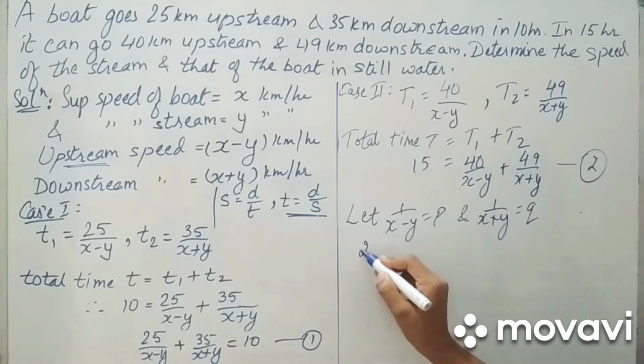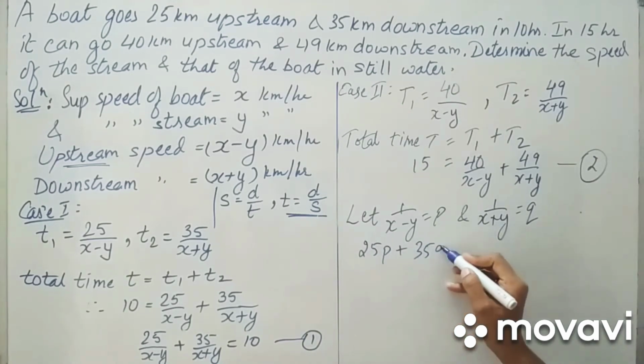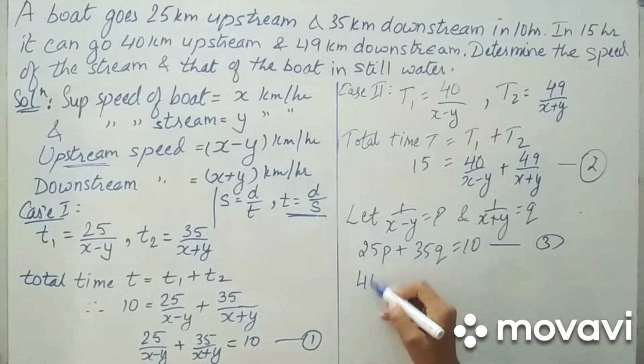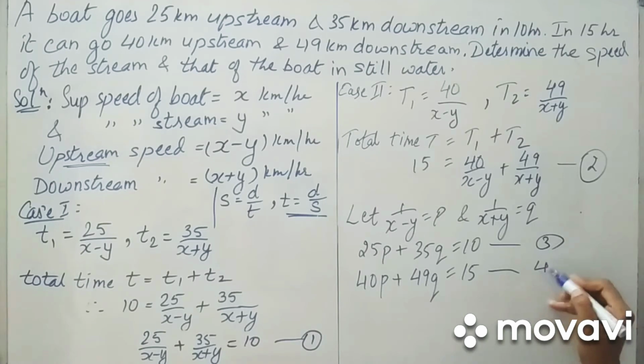What do we get? 25p plus 35q is equal to 10. Equation number 3. And 40p plus 49q is equal to 15, equation number 4. Now we have to simplify these two equations. One more thing you can see here.